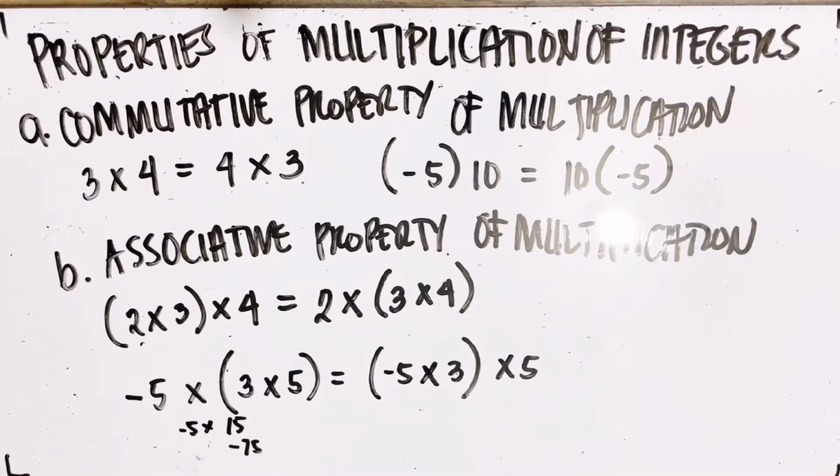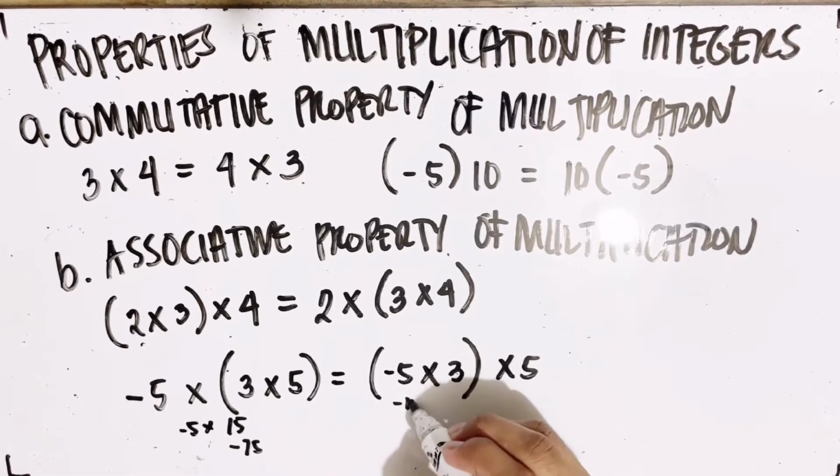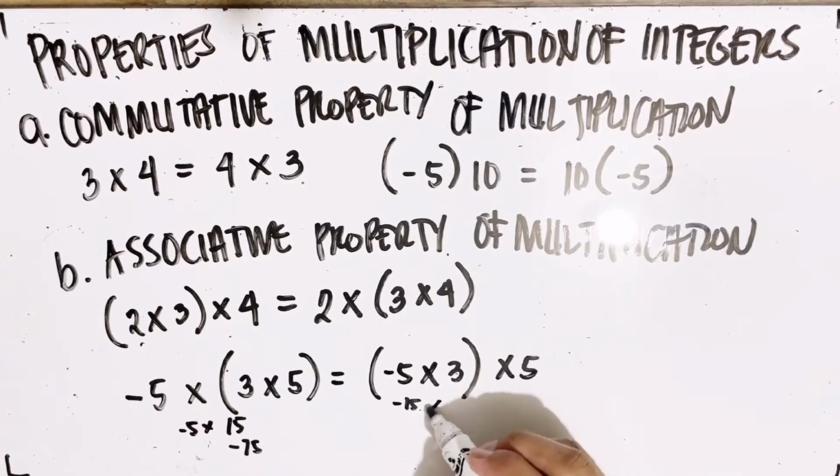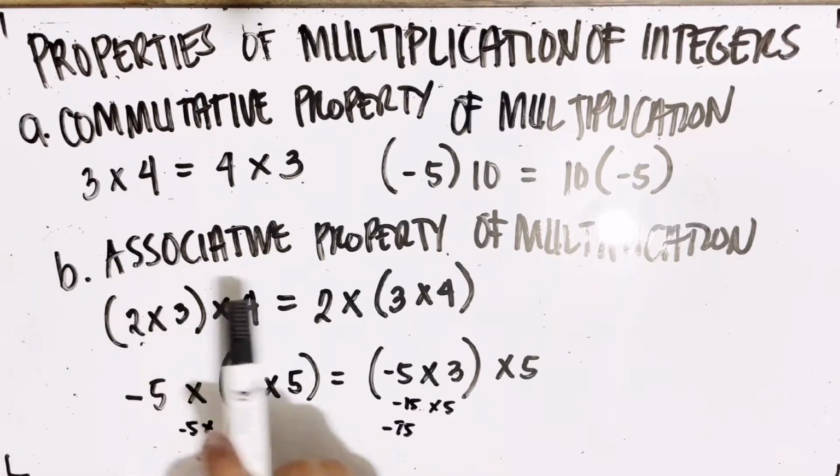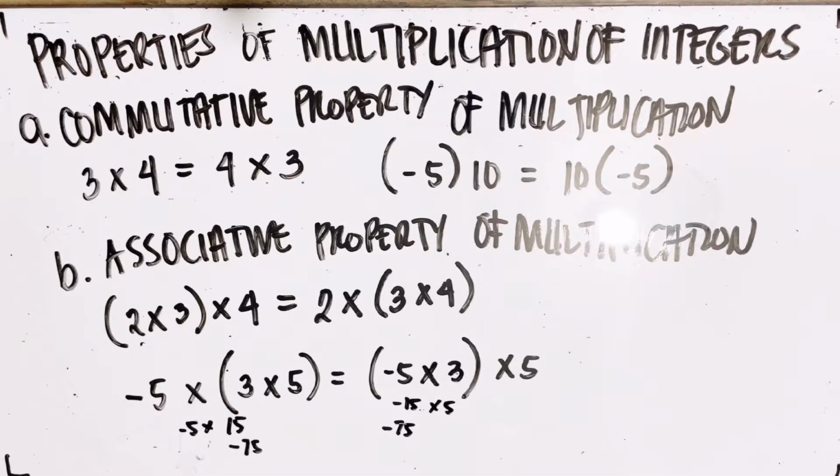Negative 5 times 3, that is equal to negative 15 times 5, the answer is negative 75. So, because they have the same answer or the same product, it means that this one is an example of associative property of multiplication.